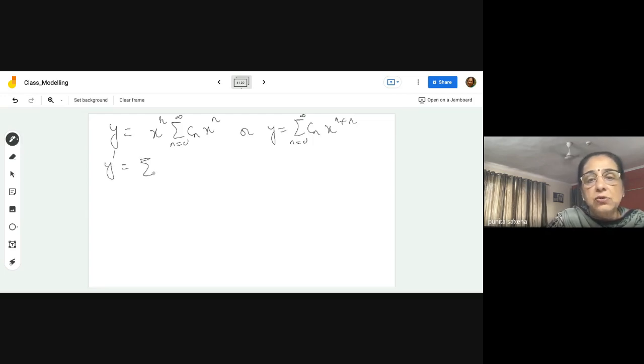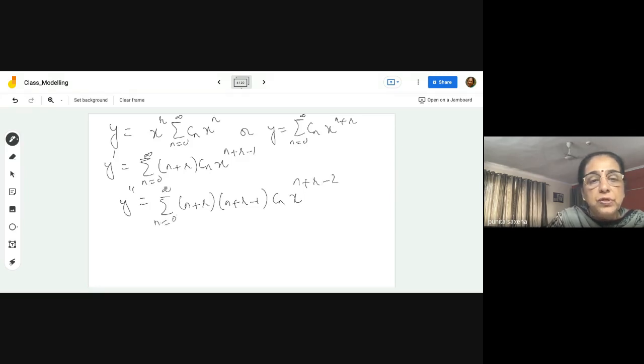Your y dash is going to be summation n plus r cn x to the power n plus r minus 1, and your y double dash is going to be n plus r, n plus r minus 1 cn x to the power n plus r minus 2, n from 0 to infinity. Now substitute in your differential equation. What was your first term? 2x squared y double dash.